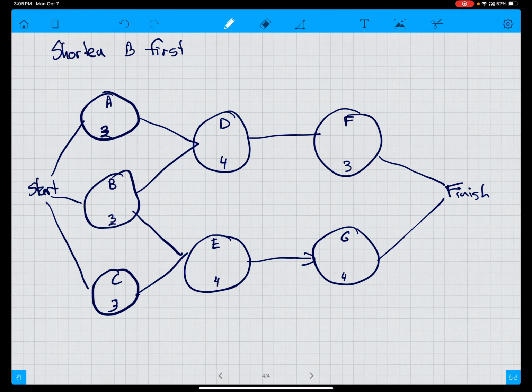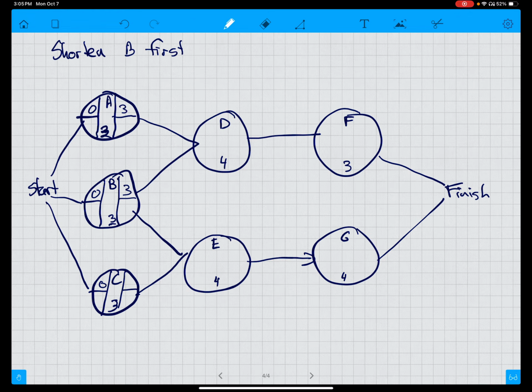Finish. And now we do the pass from left to right. 0, 3, 0, 3 for the ones that come out of the start node.